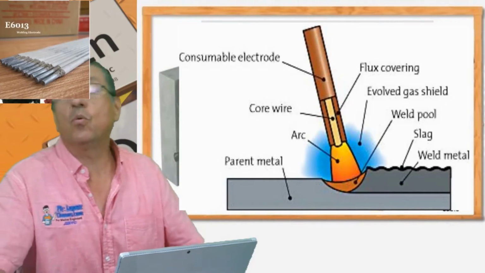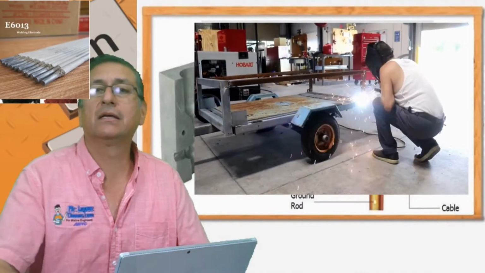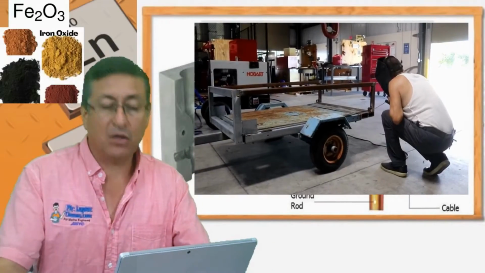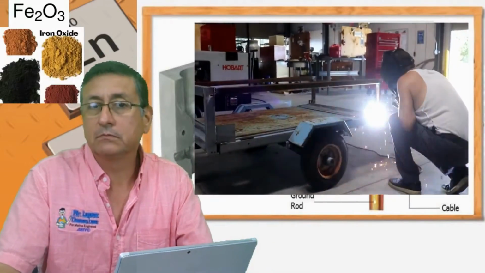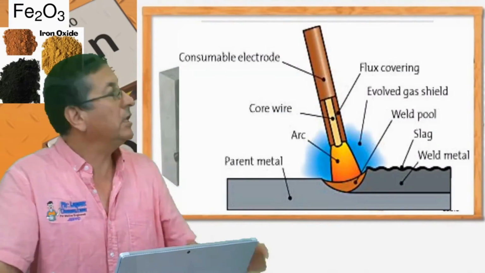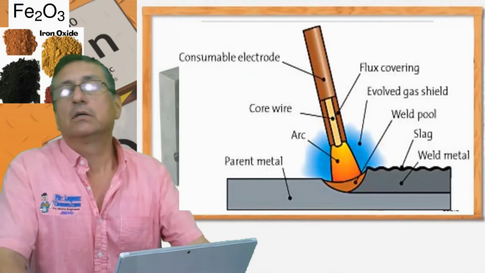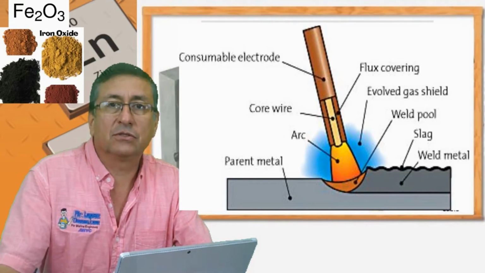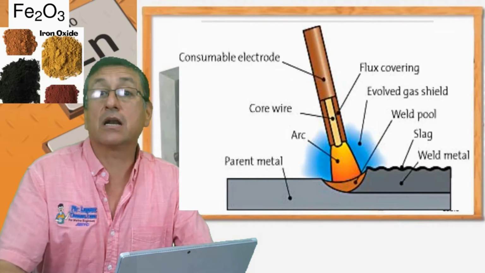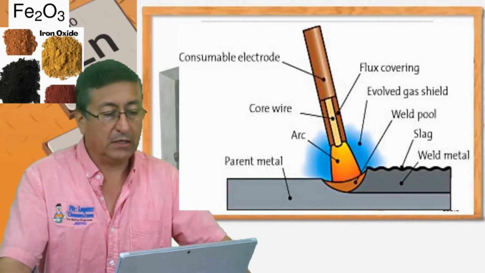Yes, when you weld with arc welding, the electrodes are covered with oxide of iron, only to protect the metal, only to protect the conductor. Those iron oxides are typically the protection for the rods in arc welding.